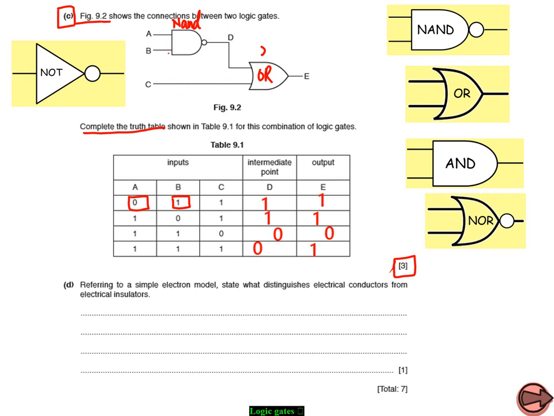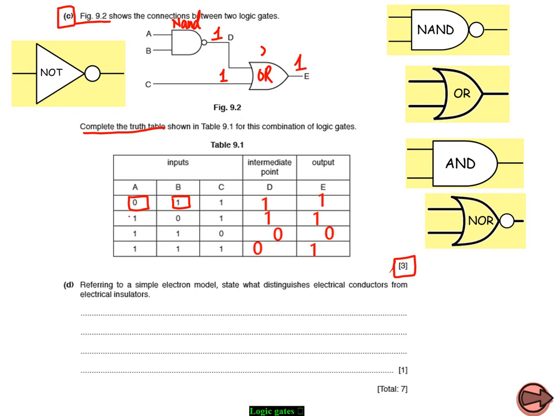This is a NAND gate, opposite to an AND gate, so the output has to be 1. Now, C is given to us. C is also 1. This input is 1 and this is an OR gate. So we will simply say the output has to be 1, because if any input is 1, the output will be 1.